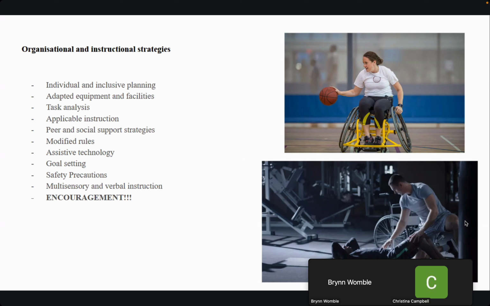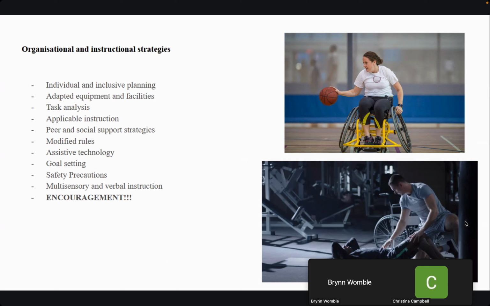Using modified sports equipment, such as lightweight sports wheelchairs, grip aids, and ramps, ensures accessibility in gymnasiums and outdoor spaces, and provides equal opportunity to engage in physical activity safely and effectively. This also promotes independence and confidence.